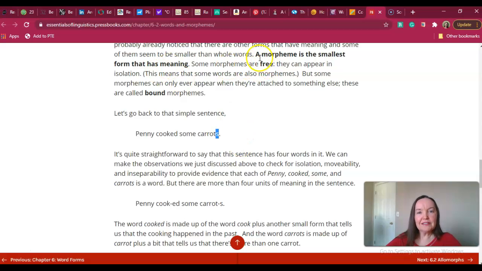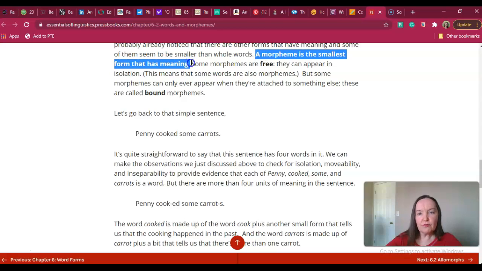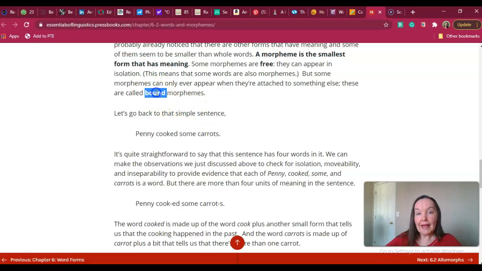So looking at the definition up above, a morpheme is the smallest form that has meaning. So a morpheme, if it's a free morpheme, could be an entire word that has a meaning. It can exist in isolation. It can move around in a sentence. But now a bound morpheme, these are morphemes that can only ever appear when they're attached to something else.